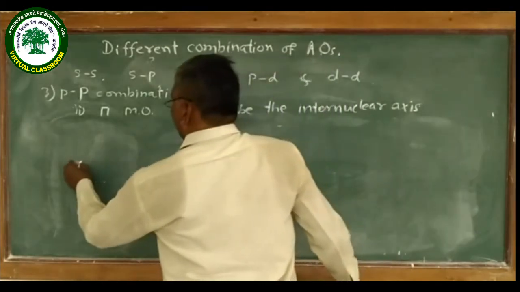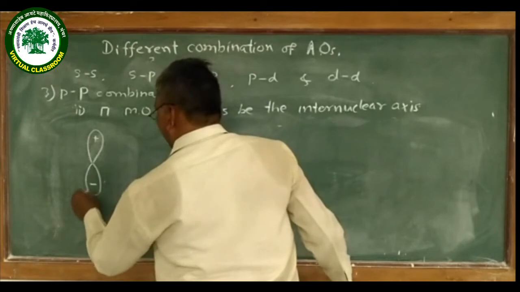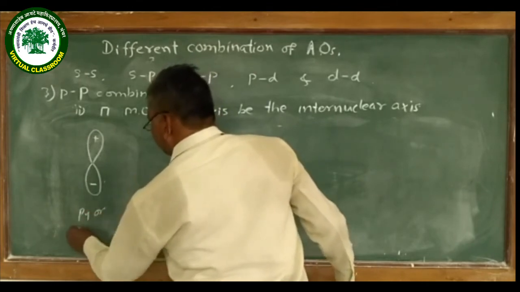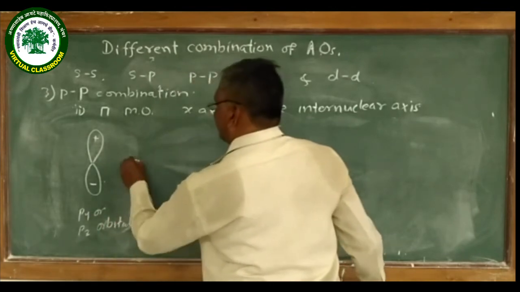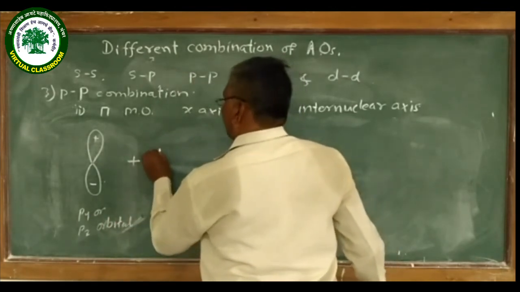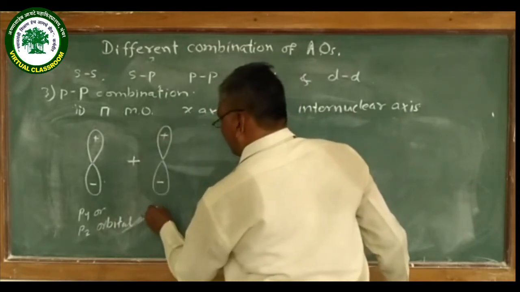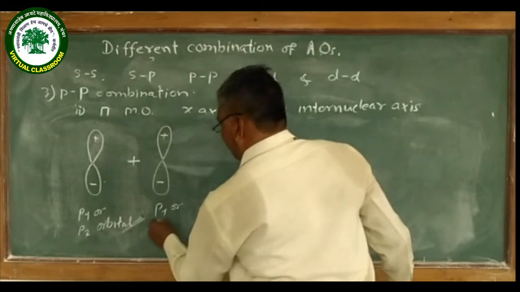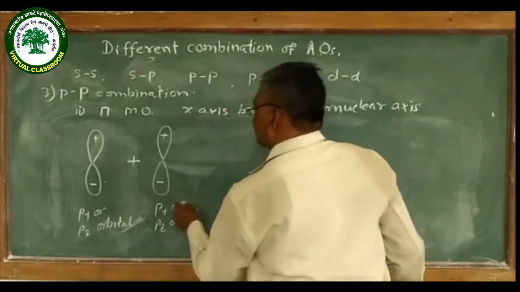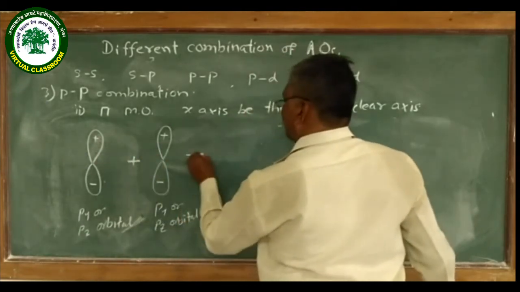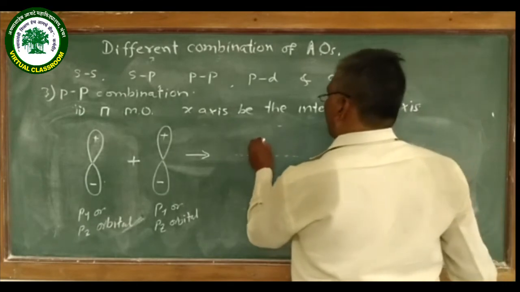So if py or pz orbital of one atom combines laterally with py or pz orbital of another atom, then this lateral overlapping will lead to the formation of pi molecular orbital.